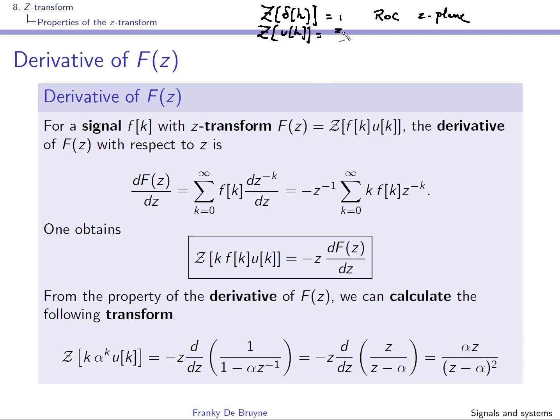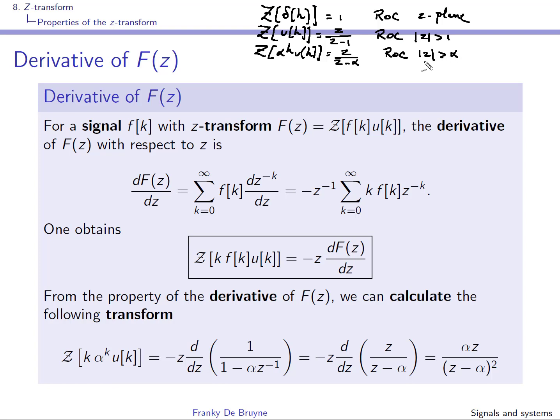This is z over z minus 1, and the region of convergence is z in modulus larger than 1. We have the z transform of the exponential signal. This is z over z minus alpha, and the region of convergence is z larger than alpha.